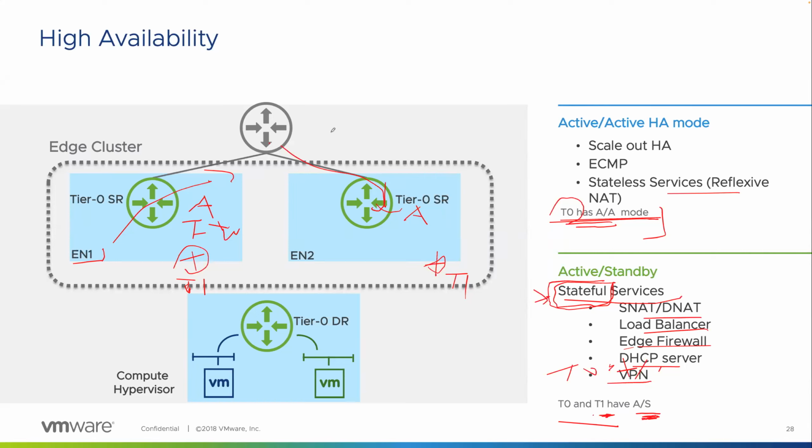That means you tolerate asymmetric routing. That's the HA concept for tier 0 and tier 1, especially for SR, because SR is the centralized point when it comes to HA. For DR, there's nothing to do with HA, because DR is distributed.